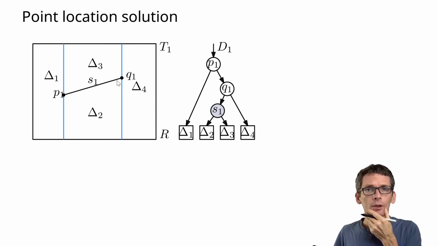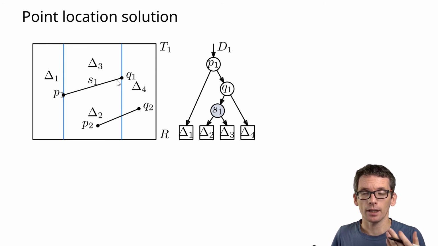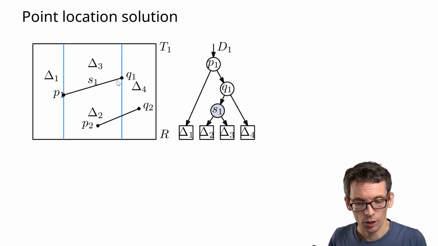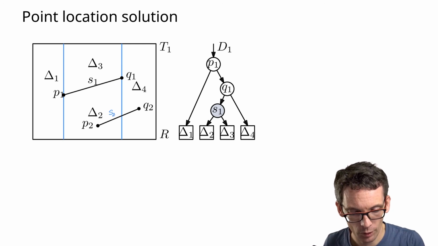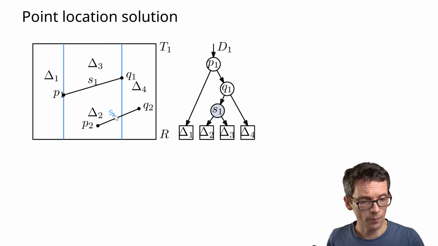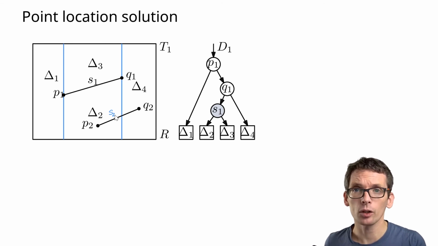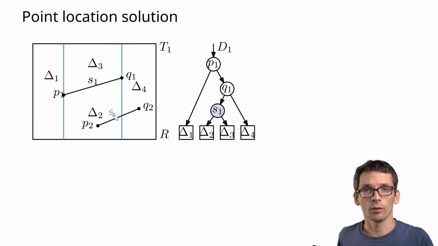So let's have a look at what happens if we add another segment. Let's say we want to add S2 here. So let's call that S2. What happens when we add S2? Obviously this will destroy trapezoids of my previous vertical decomposition T1.